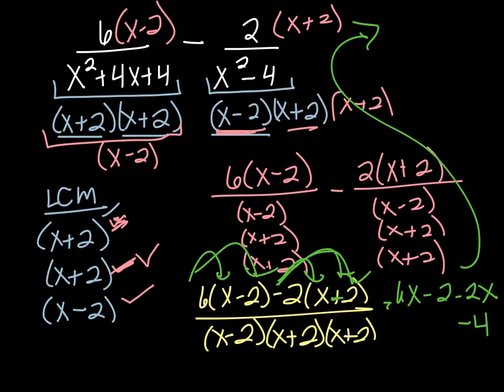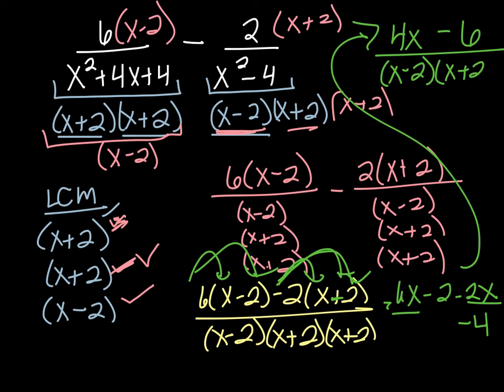But when I combine like terms, I get 4x minus 16 all over the least common multiple of x minus 2, x plus 2, and x plus 2, so I could write that squared. So there's lots of different ways you could technically write this, and that's okay. But as long as you have the 3 factors on the bottom and the simplified version on the top, you are good.